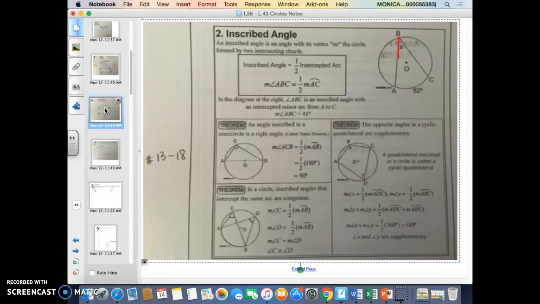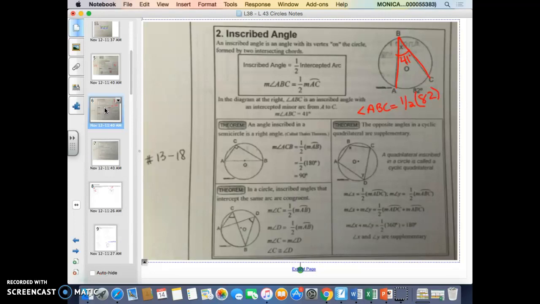So we're now on the circle making an arc. And what you'll know is that the angle is half the arc. So angle ABC equals 1/2 of 82. So half of 82 is 41 degrees.